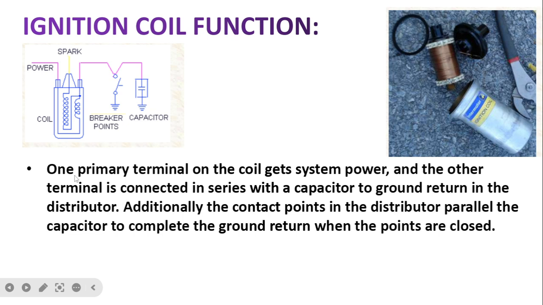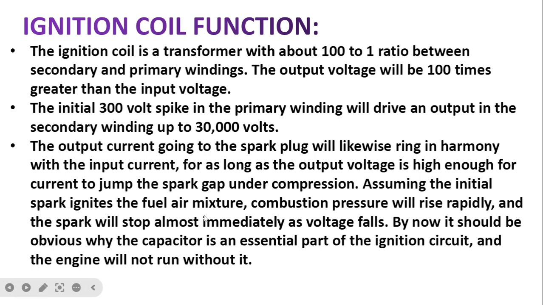Now, on the primary terminal of the coil we get system power, meaning 12 volt battery power, and the other terminal is connected in series with the capacitor to the ground return in the distributor. They have installed only one capacitor in the path to ground return in the distributor. Additionally, the contact points in the distributor parallel the capacitor to complete the ground return when the points are closed. We will see this next.